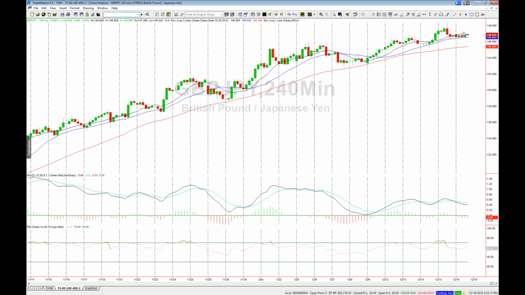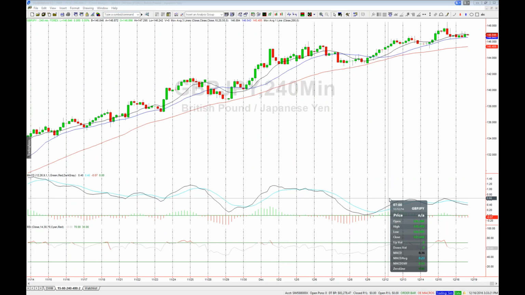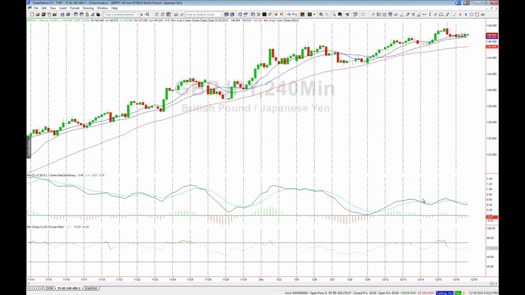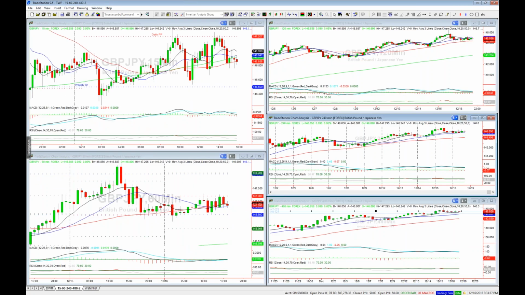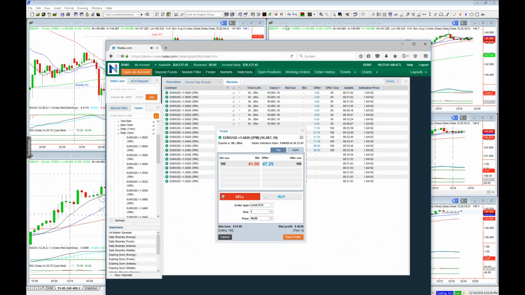Going a little bit sideways now, but some more momentum pushing higher. We can also see that this recent high in price has been a slightly higher high, so we have convergence still going on in our indicators. So currently British pound to Japanese yen looks definitely a good bit bullish to me. Now switching back to our Nadex contracts here.